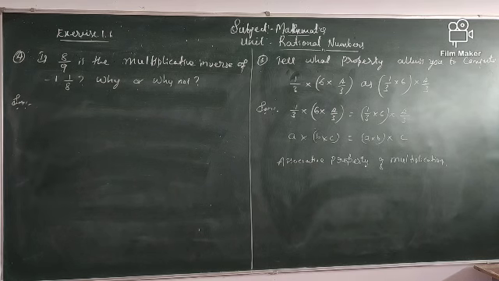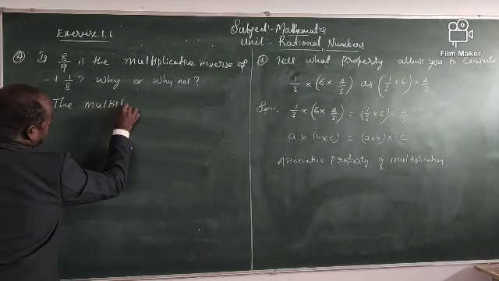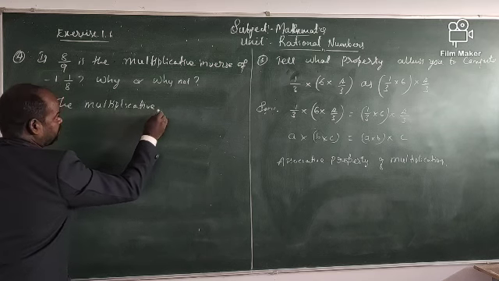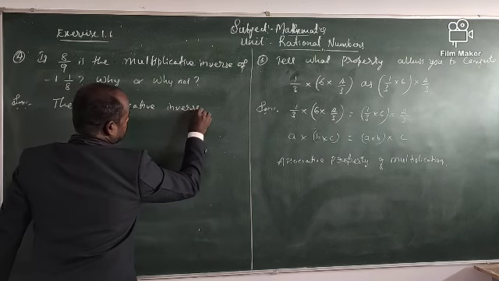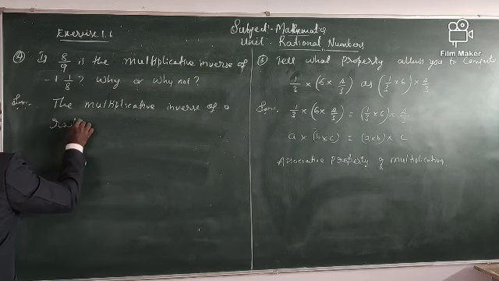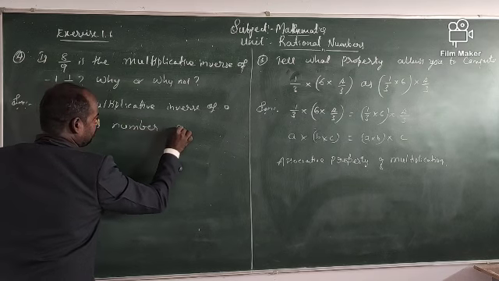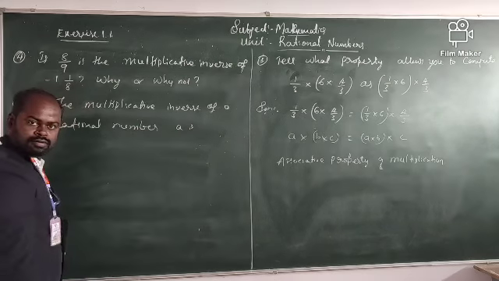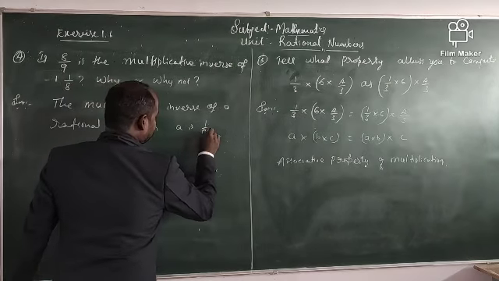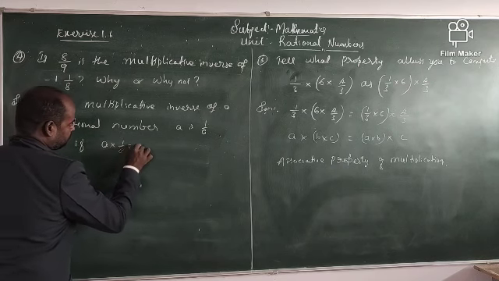See here, the multiplicative inverse of a rational number. The multiplicative inverse of a rational number A is 1 by A, if A into 1 by A is equal to 1.